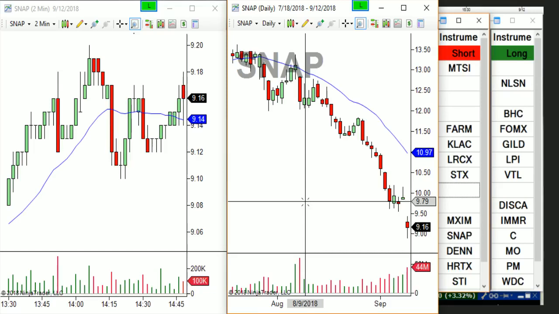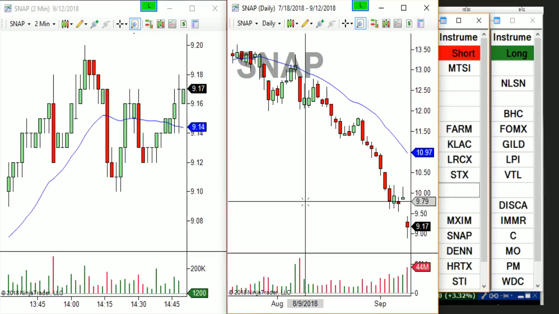Scan number 2 is I scan for gap areas and gap bullies. It's a lot more involved than this, but the scan that I use is a stock that gaps below the previous bar's low on the daily chart, and then its current high is above the previous bar's high. That's for a gap bully.